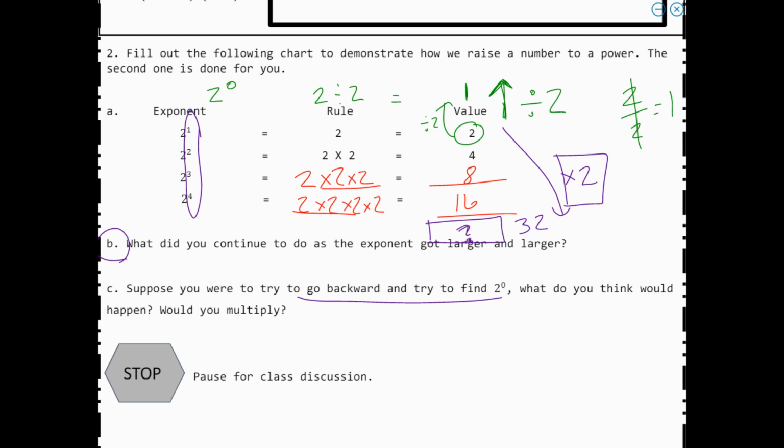So when you cancel something out by division or multiplication, your answer is 1, because multiplying or dividing something by 1 doesn't change its value. 0 is the addition and subtraction one. So when you are adding and subtracting and canceling things out, then you get 0. Okay?